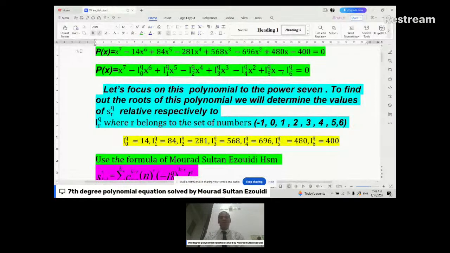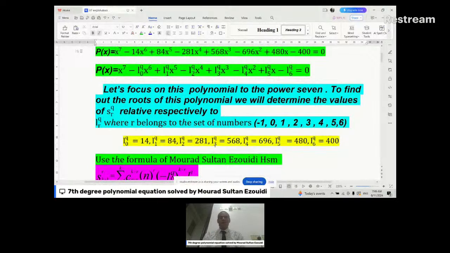Learners, if you equate these coefficients, you will see that L0 for the q is 14, L1 is 84, and L2 is 281, the opposite sign of this value, minus 281.